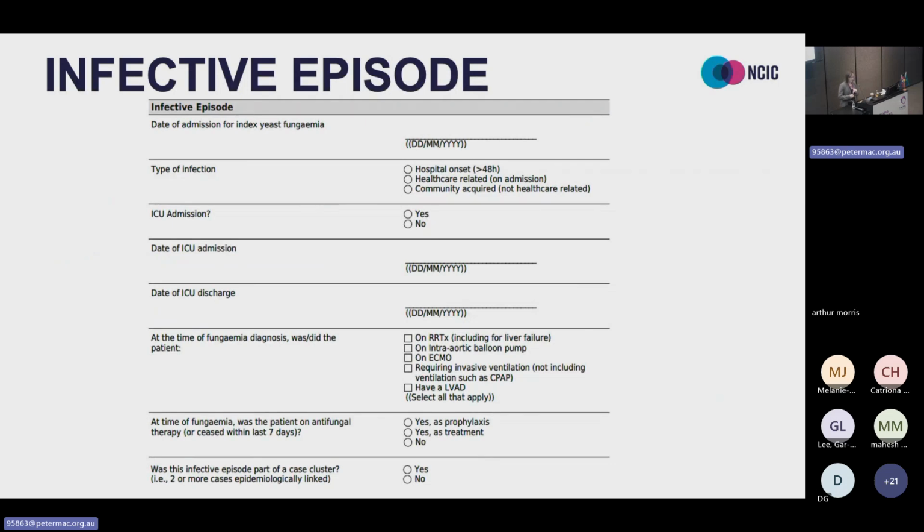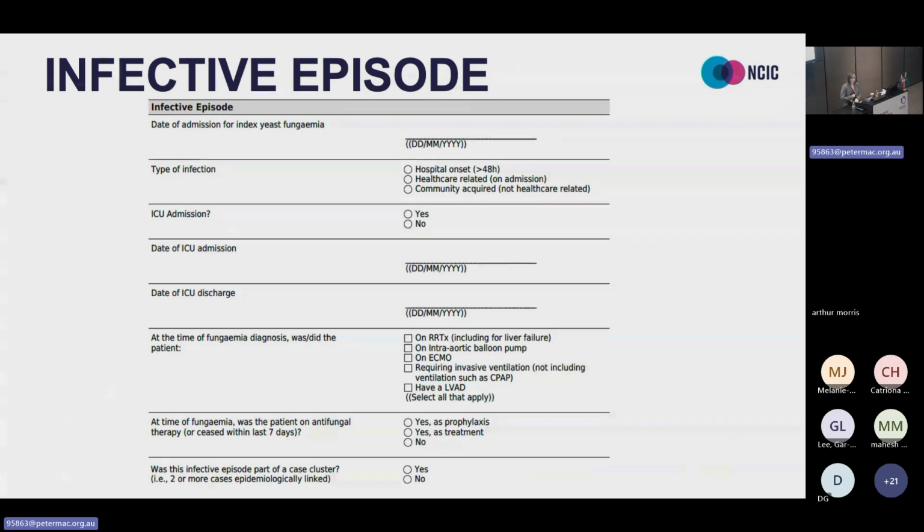Now getting to the infective episode in question: when was the patient admitted when they had their index fungemia, whether that was hospital onset or community onset or healthcare related, whether they were in ICU, and of course the duration of ICU, and some key treatment requirements if someone is in ICU, including renal replacement therapy, ECMO, LVAD, and invasive ventilation.